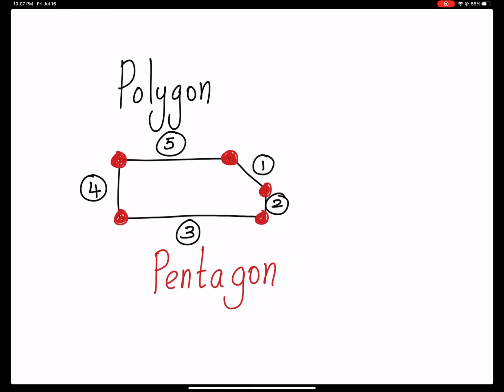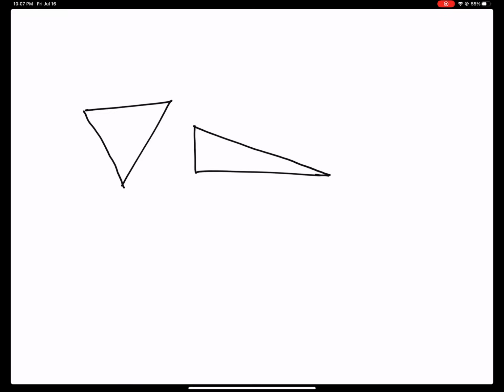Take a look at this polygon. Both polygons have 3 sides and 3 angles. Let us count the number of sides. 1 side, 2 side, 3 side for the first shape.